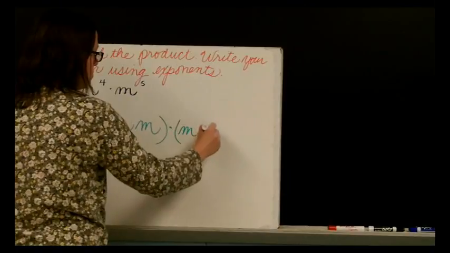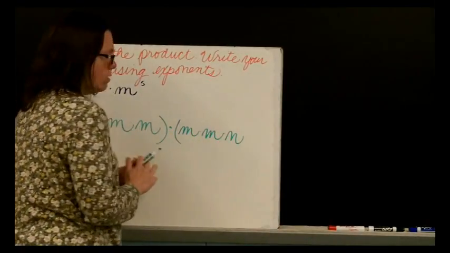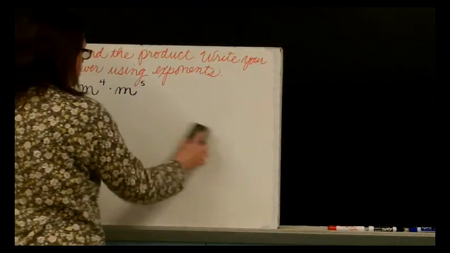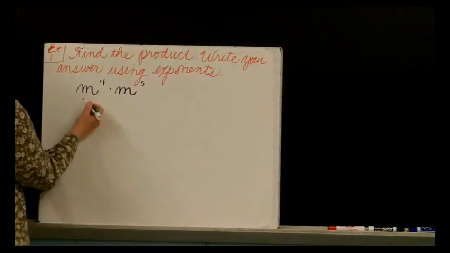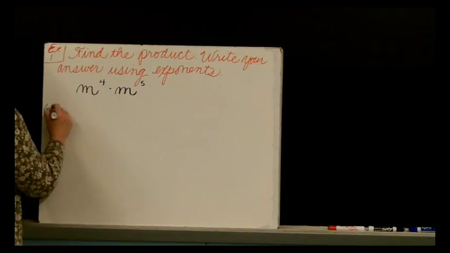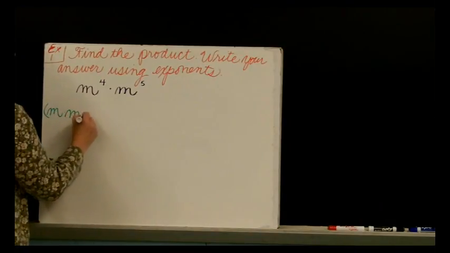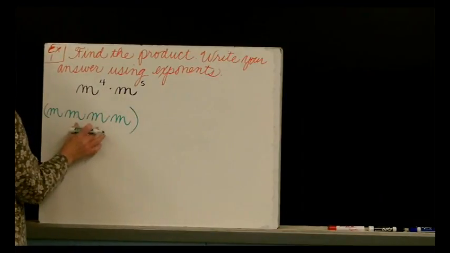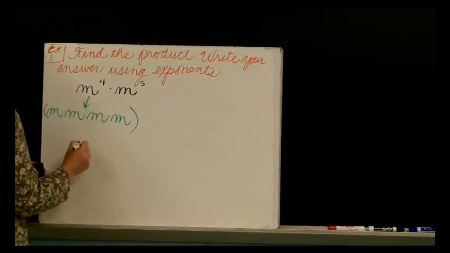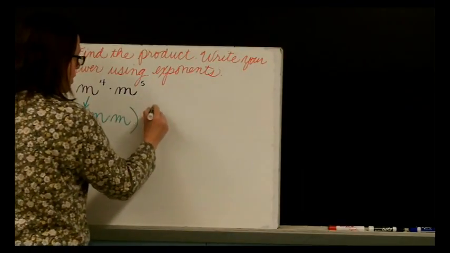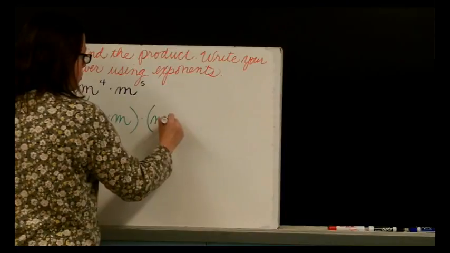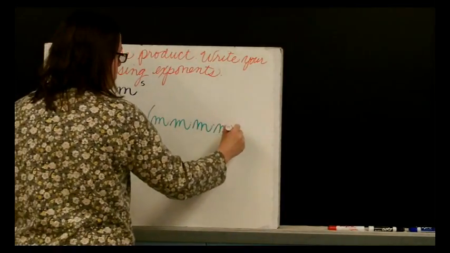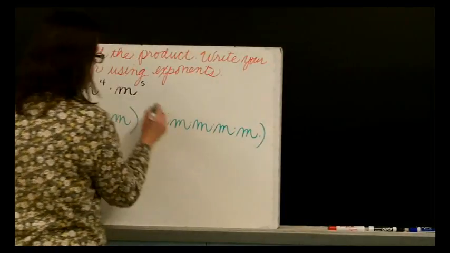I have to write these a little bit smaller, otherwise we won't fit them. Sorry about that. So we'll start again. M to the 4th is m times itself 4 times. And this is being multiplied by m to the 5th power, which in expanded form is m times m times m times m times m.